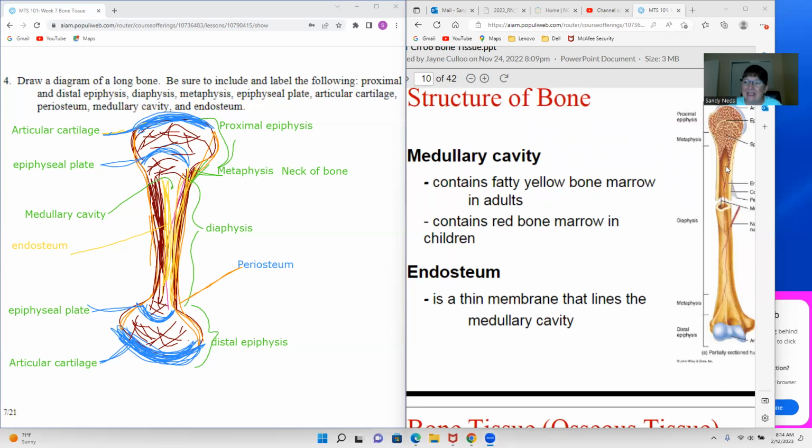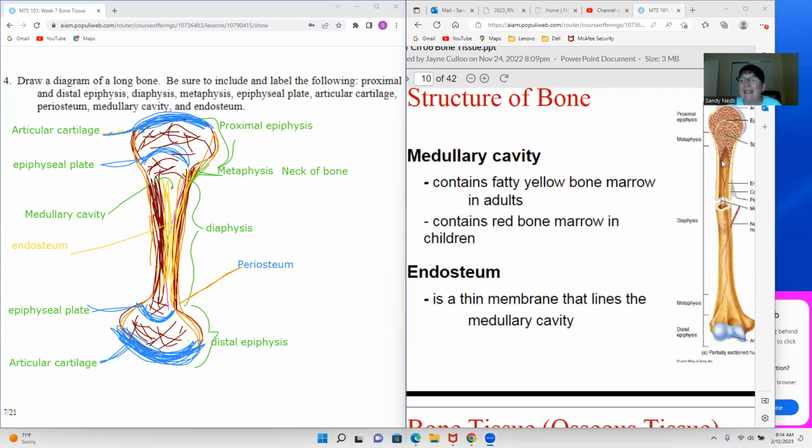Now, in kids, they're still trying to convert the red bone marrow to yellow bone marrow. So sometimes there is still spongy bone in the diaphysis of the kid.